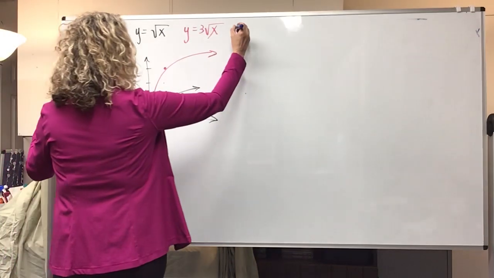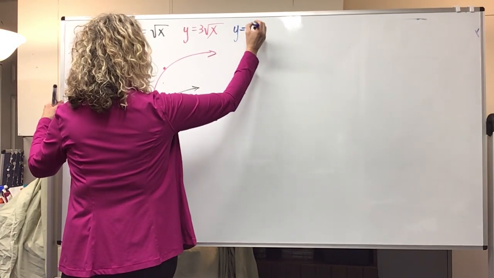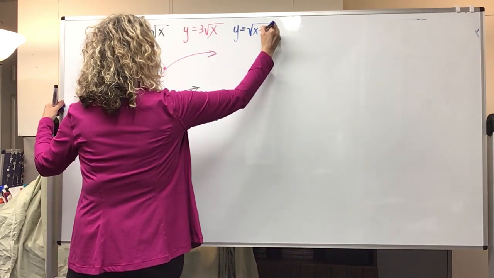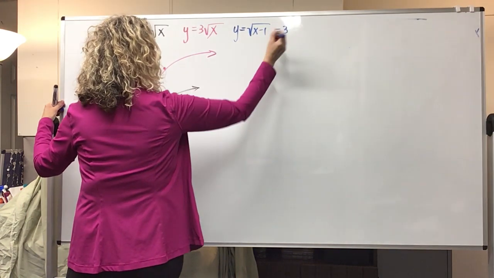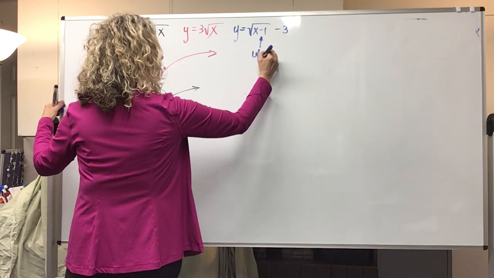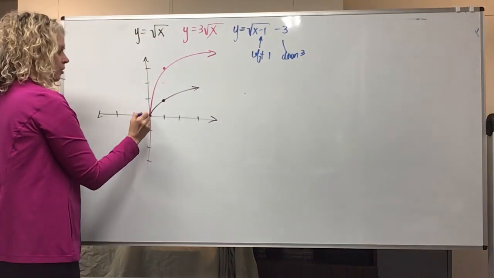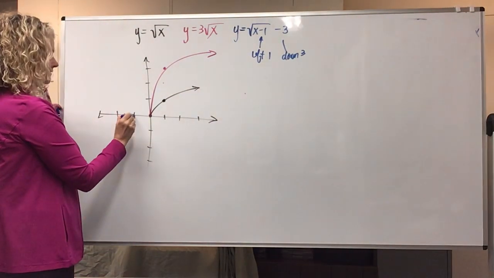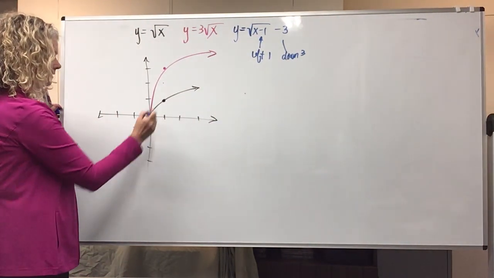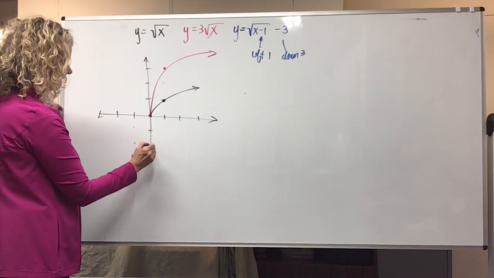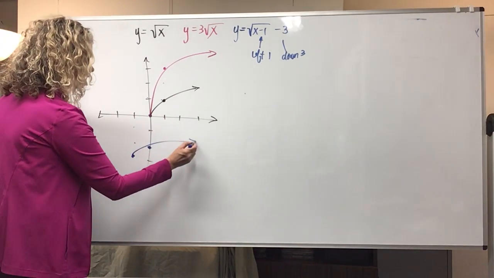Let's say I did something like that, that's going to be left 1, down 3. So from the reference points, left 1, down 3, left 1, down 3, a nice smooth curve.